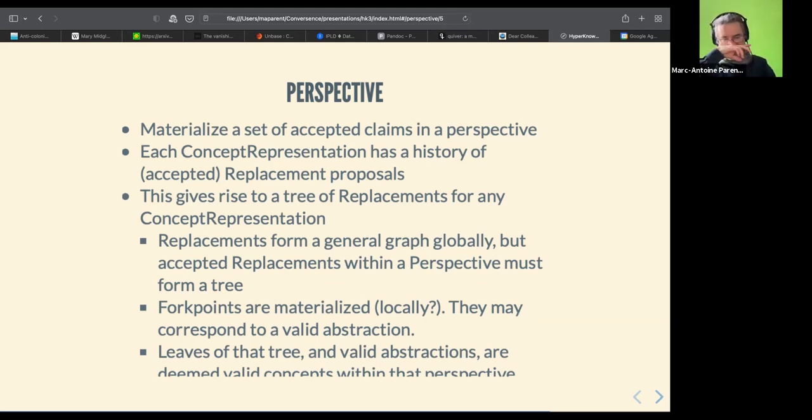So what's important is when you have these replacements, the leaves of the replacement are, okay, these are currently valid concepts in that perspective. And of course, the valid abstractions, the fork points that are deemed valid in their own right.